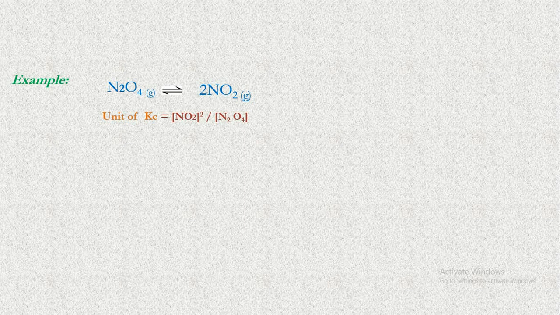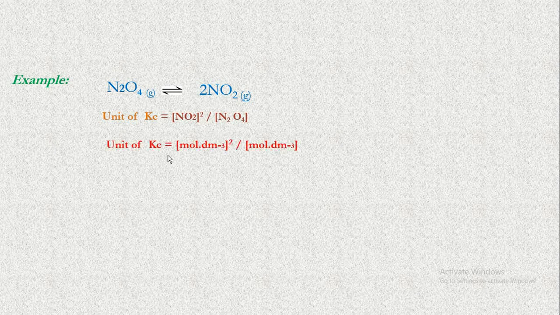For example, in this reaction, nitrogen tetroxide reacts to form nitrogen dioxide. For the unit of Kc for this expression, in product we have 2 mole of nitrogen dioxide, whereas in the reactant side we have 1 mole of nitrogen tetroxide.